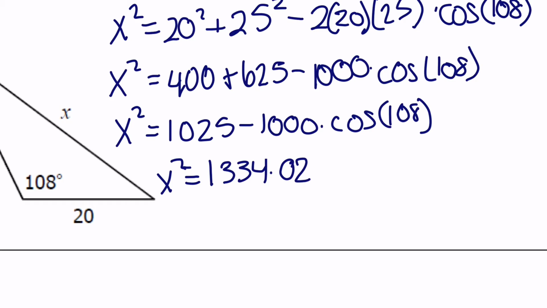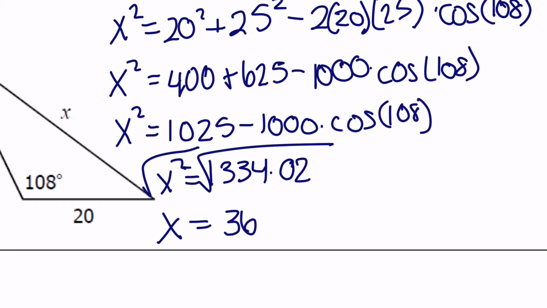So this is what I was trying to get at in the first one. It rounded really nicely when we got to this point. If it doesn't, give me 2 decimal places, at least, if not more. Okay. Then take the square root of that, leaving me with x equals 36.5.